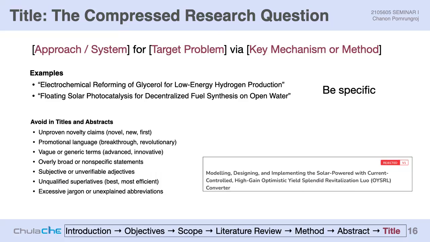You should mention what exactly your approach is, your system. That it's a hybrid between titanium oxide and this and that, for this method. So when people read, they know exactly what you do, not way too broad.